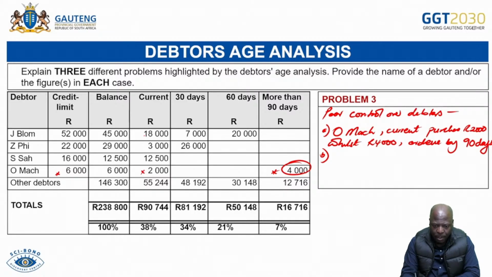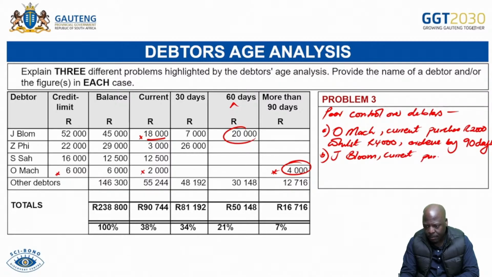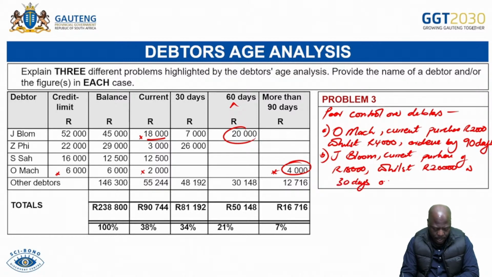J Bloom has a current purchase of 18,000, whilst 20,000 is 30 days overdue.